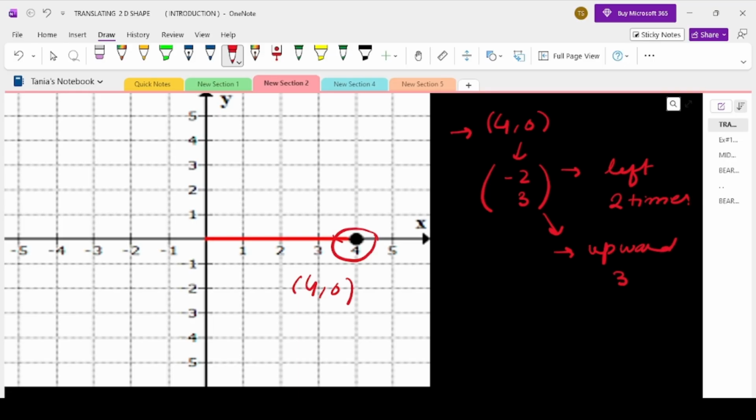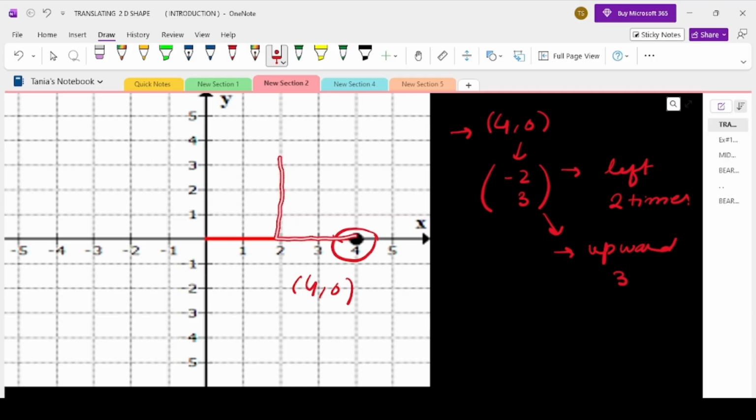So we have our point here, and now we drag this point 2 times to the left side: 1 time and 2 times. And when we drag it upward 3 times, it is 1, 2 and 3.